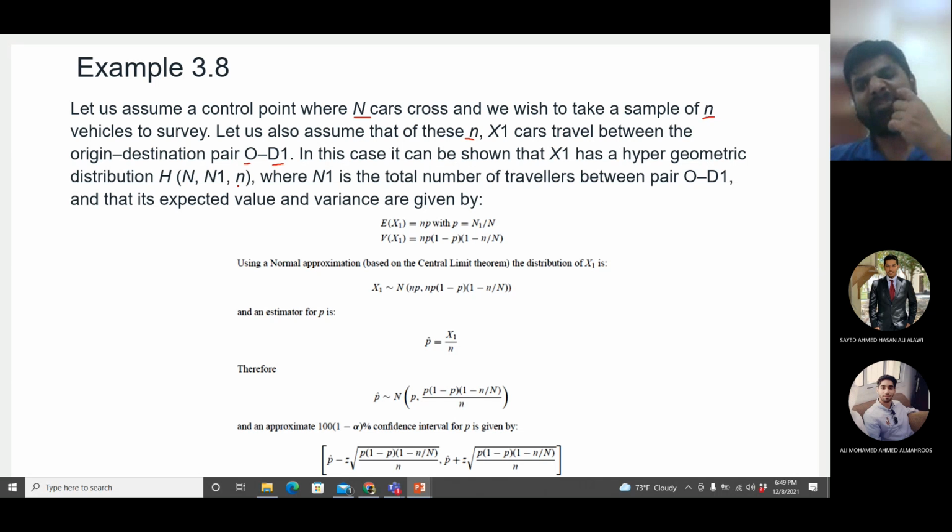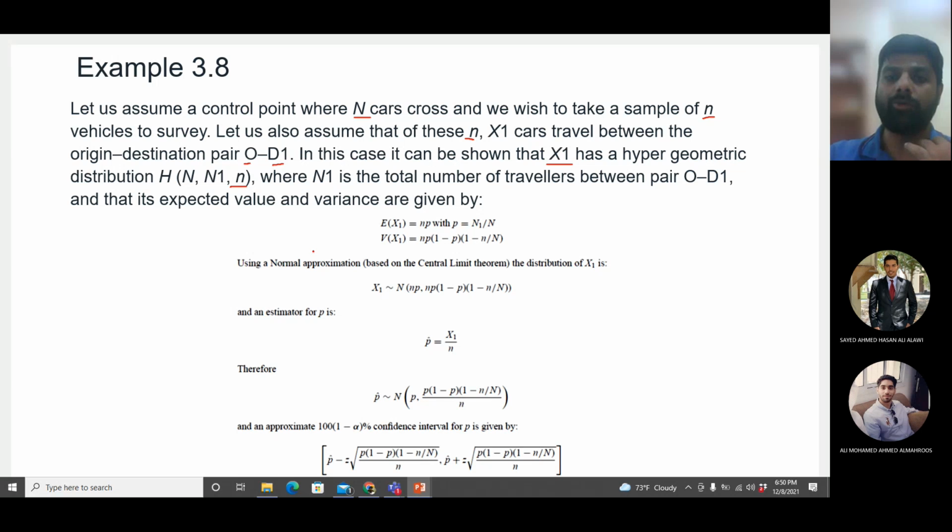So if you go back, geometric distribution helps you to find out the probability of getting x1 successes in n trials. This is the rephrasing of the problem in terms of geometric distribution.